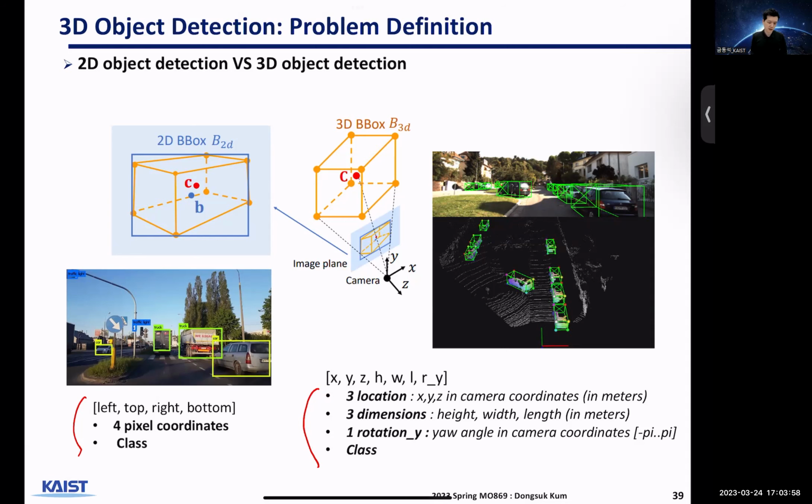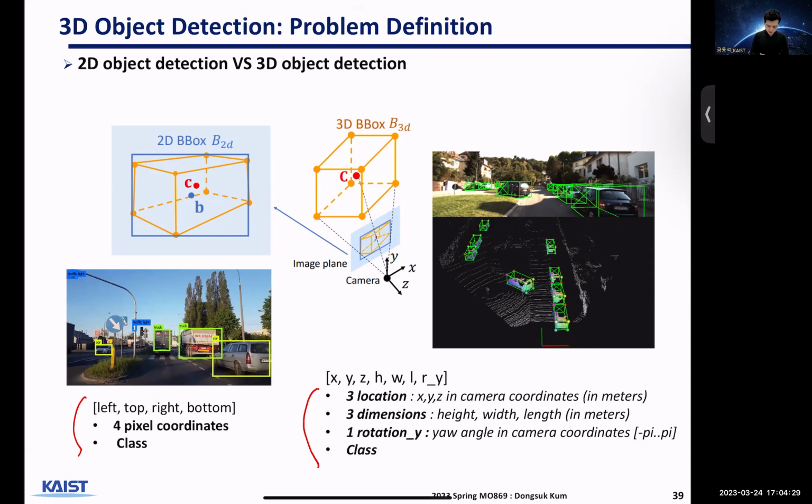So for 2D object detection, you get very good performance using many available backbones and header networks in the literature. But if you go to the 3D object detection problem, the performance is not as good as 2D object detection.